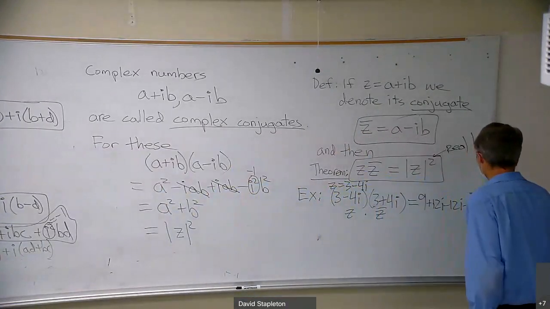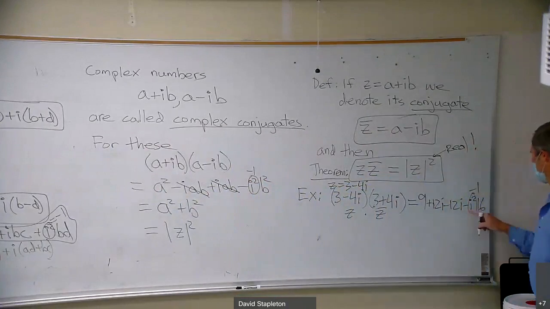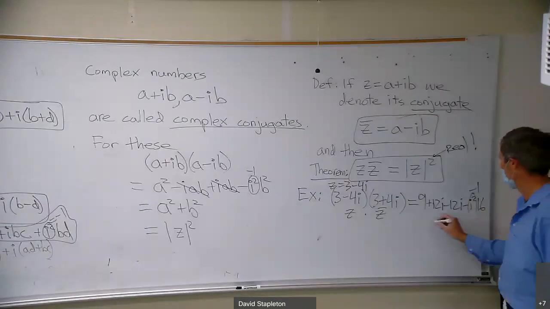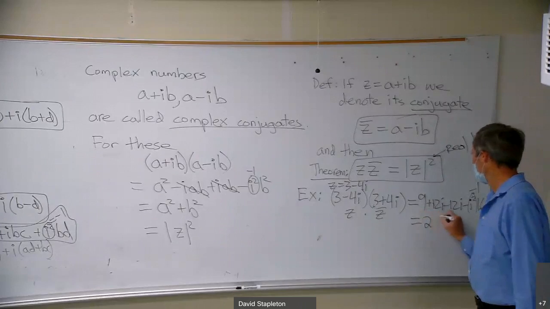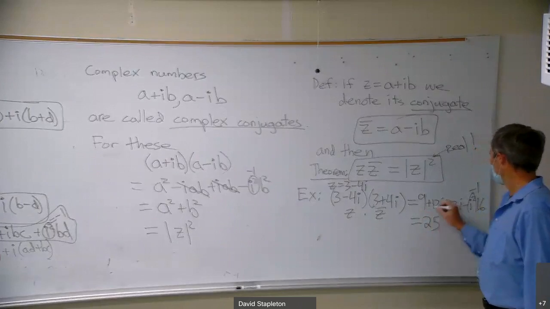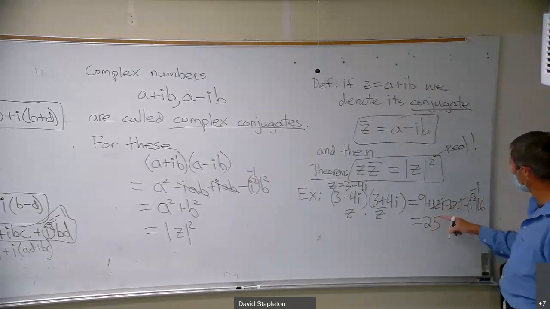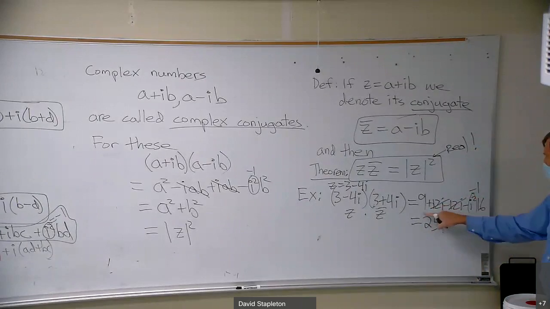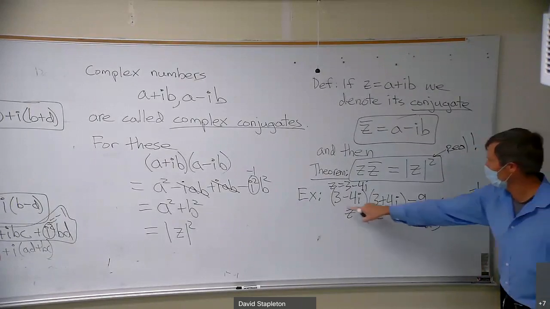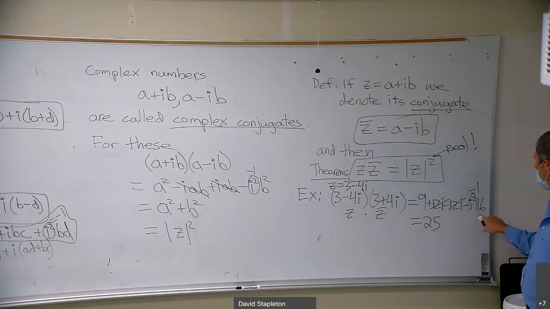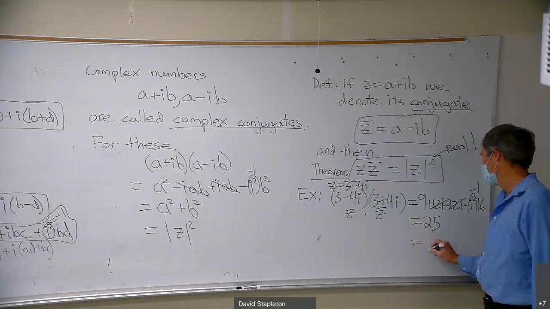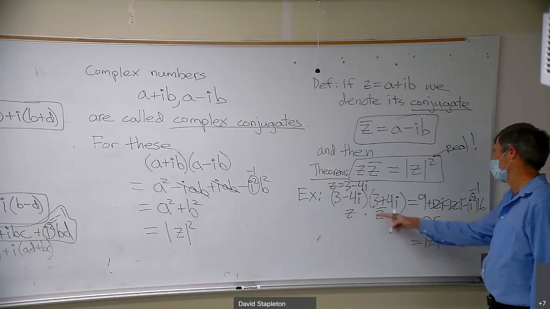But I squared is minus 1. So it's minus times minus, which is plus 16. This is equal to 25, right? Because these two cancel. The imaginary parts always cancel out. And you get just 3 squared plus 4 squared. 25. This is equal to the absolute value of Z squared, because remember, the absolute value of this number was 5 before.